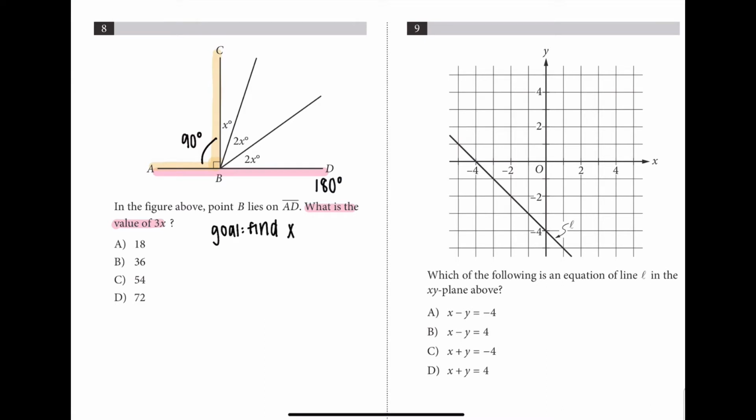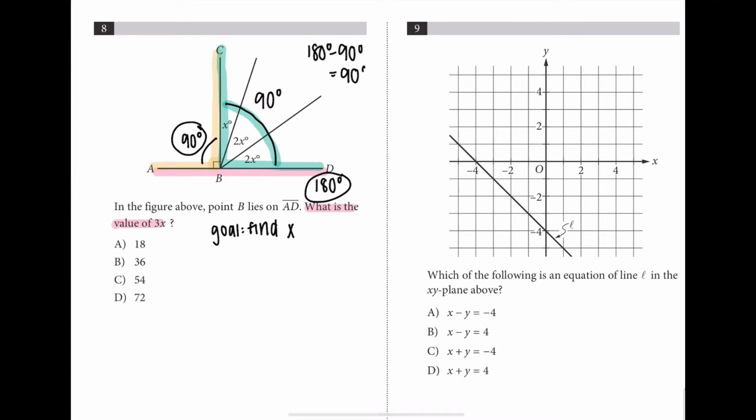So if we have a 90-degree measurement and our total is 180 degrees, this angle here, angle DBC, should also be 90 degrees, because if we take our total, which is 180, minus 90 degrees, which is what we have over here, it's going to give us a remainder of 90 degrees.